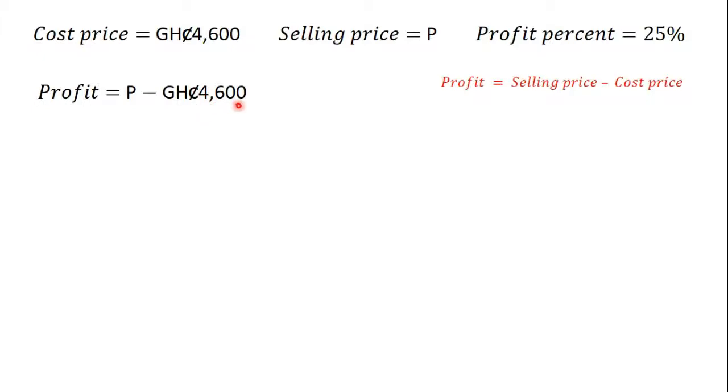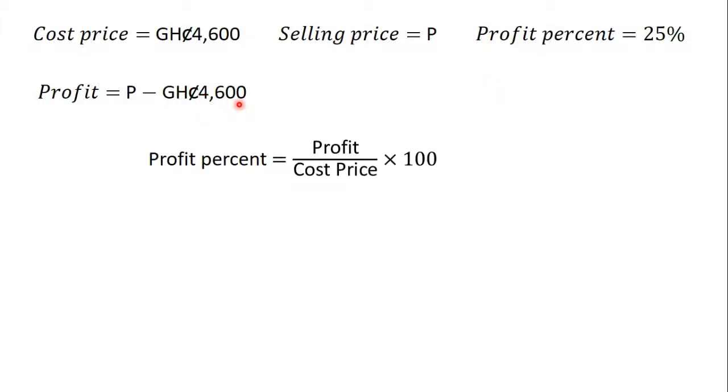Ghana cedis. From the previous video, we learned that profit percent is equal to profit divided by cost price times 100. We have our profit percent as 25%. Then we have the profit as P minus 4,600 Ghana cedis, and we have the cost price as 4,600 Ghana cedis. So we will substitute this information into the formula.